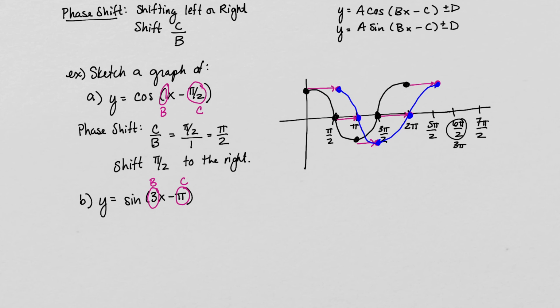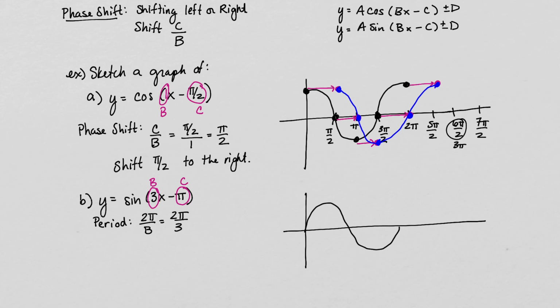In this case, since my B is not a 1, I've actually changed the period first. The period, we said, is 2 pi over B, so it's going to be 2 pi over 3. Originally, I've got a sine function. This is 2 pi over 3.